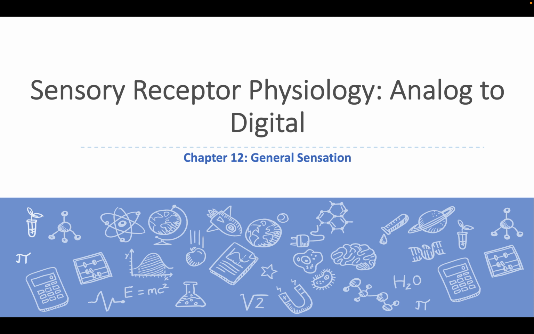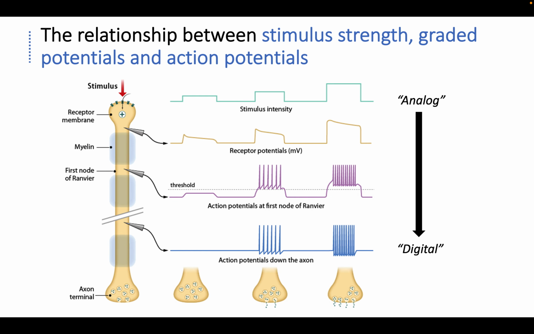Okay, so we'll talk here a little bit about how we can have varying intensities of stimuli, and really not just varying intensities, but how we can determine that different intensities are of a different stimuli and how we perceive things as being very strong or not as strong. Okay, so it turns out that our perception of pain, or not necessarily of pain, but of any sensory stimulus, is dependent on the intensity of the stimulus, and then that intensity of the stimulus translates to more or less action potentials.